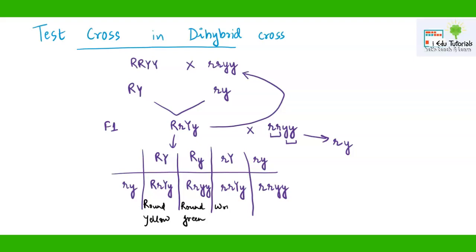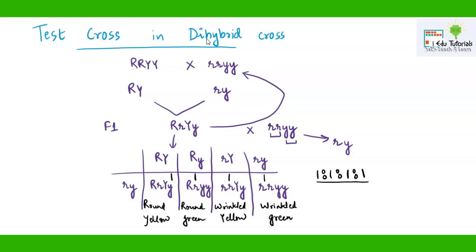This individual will be wrinkled and yellow. And the last individual, of course, will be wrinkled and green. So here the phenotypic ratio will be 1:1:1:1. All the individuals are there with 25% probability.